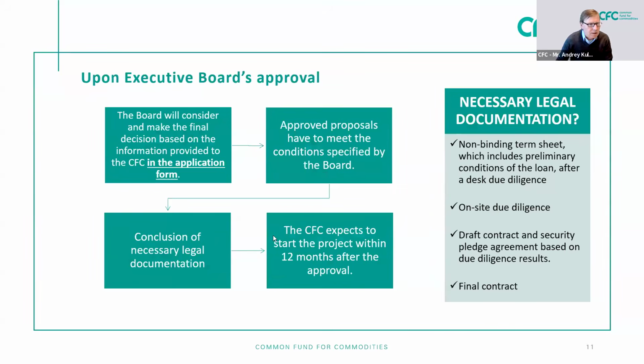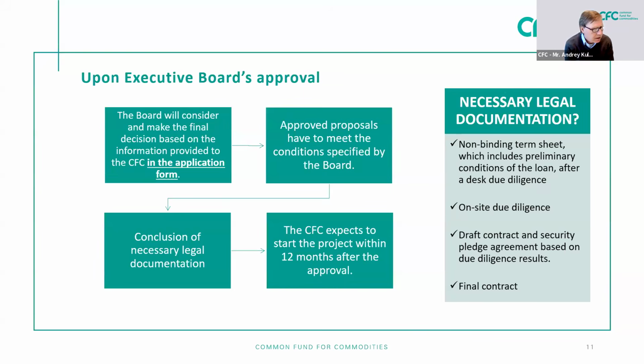Now, with the conclusion of the Executive Board, life does not end, because then we need to conclude all the requirements imposed in the Executive Board decision and conclude the relevant legal documentation. Up to the decision of the Executive Board, all our consideration is based on the information contained in the application form plus any responses that we receive from the proponents.